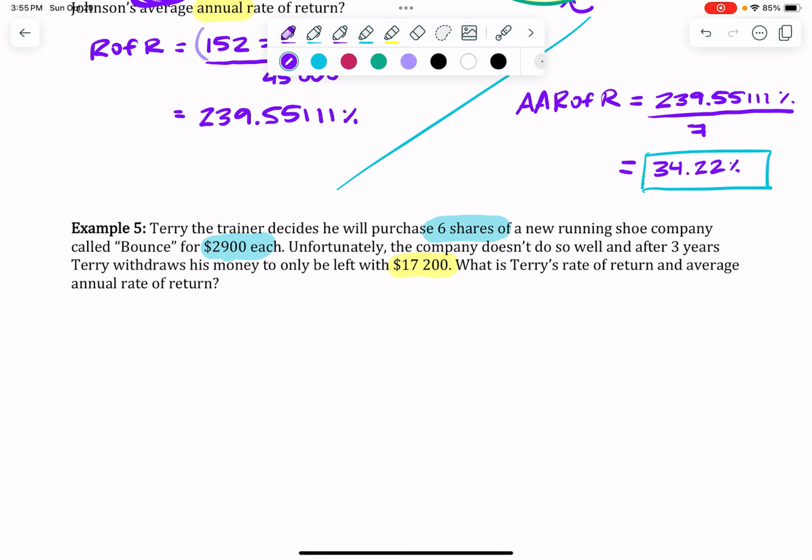So the amount he originally invested, his previous value of his portfolio, would be $2,900 times 6. Plug that in, and we get $17,400. So that is how much he originally invested, and this is how much he ends up with. And we want to find rate of return and average annual rate of return.